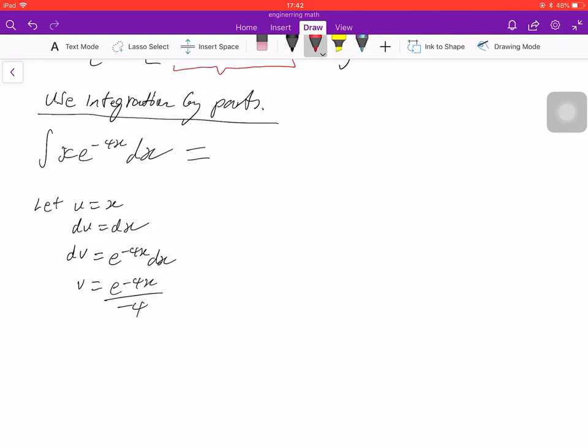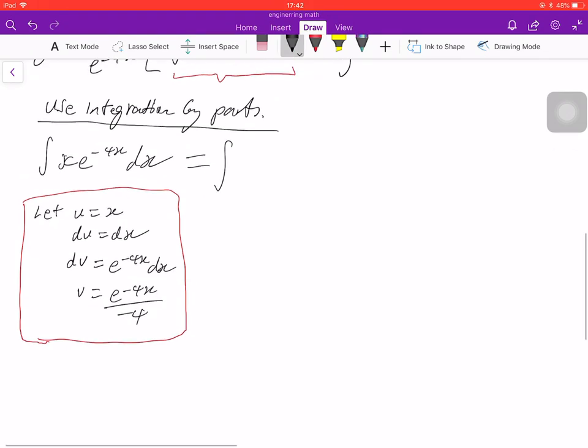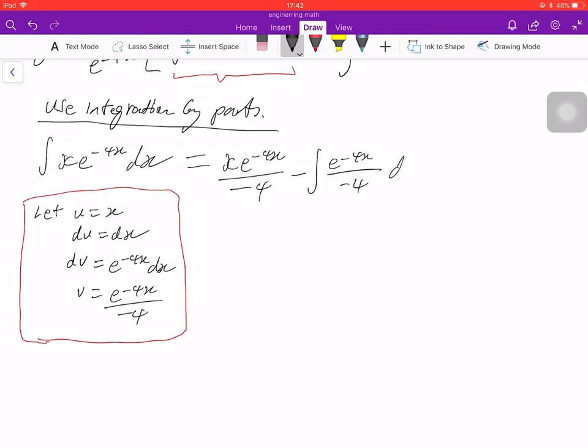We substitute into the integration: u is equal to x and v is equal to exponential of minus 4x over minus 4, so uv minus the integral of v du, where du is equal to dx.